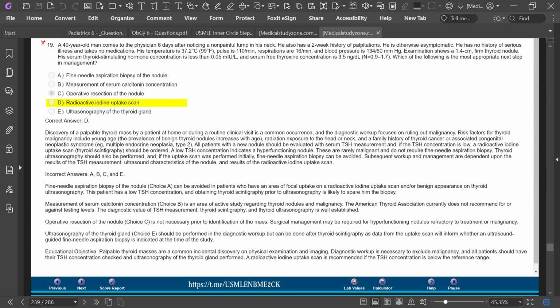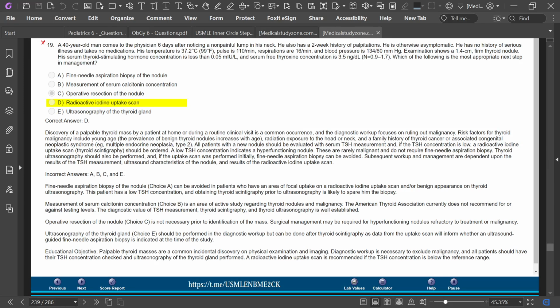Discovery of a palpable thyroid mass by a patient at home or during a routine clinical visit is a common occurrence, and the diagnostic workup focuses on ruling out malignancy.